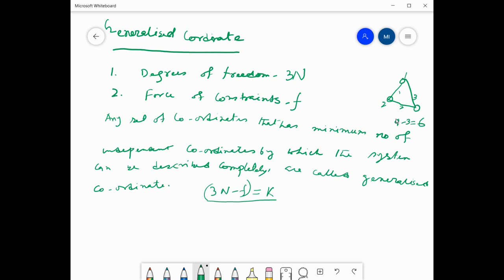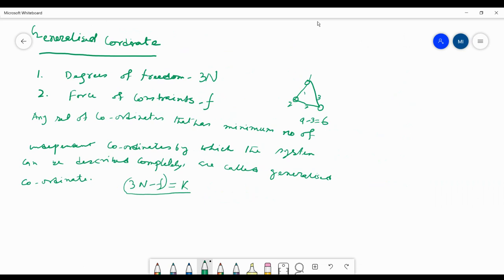It may be an angle, it may be velocity, or it may be momentum also. Right? So I am now giving some examples so that you can understand the concept of generalized coordinates.